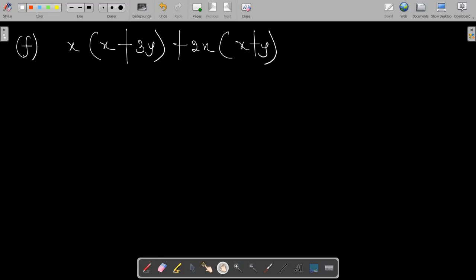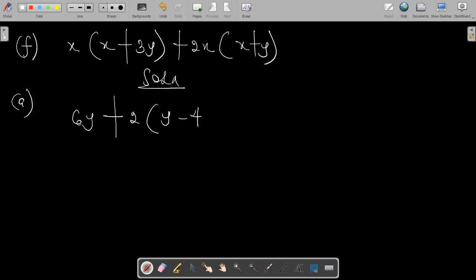So the first question, which is the A part of the question, solution. If we are given 6y plus 2 into bracket y minus 4, what am I going to do here? First of all, we need to expand this. This 2 will multiply by this y, then the same 2 will multiply by this 4.